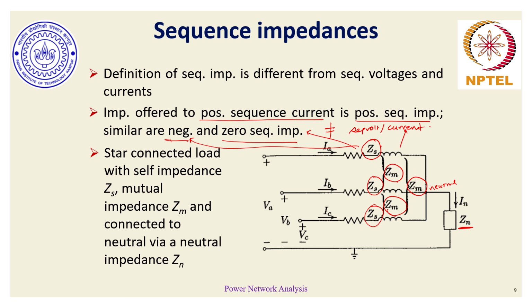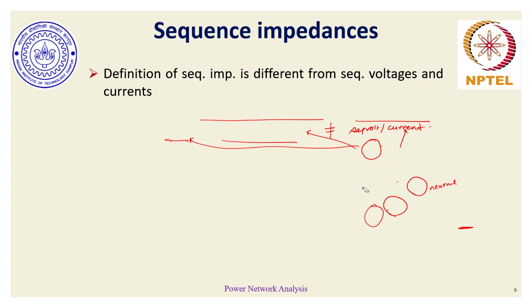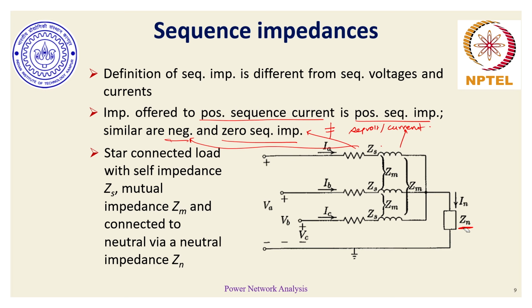If I apply KVL between the phase A terminal and the ground point, I would traverse the path along phase A, come to the neutral point and reach the ground point.